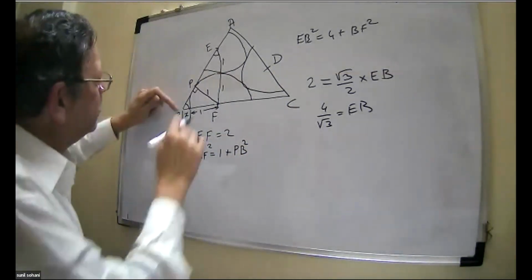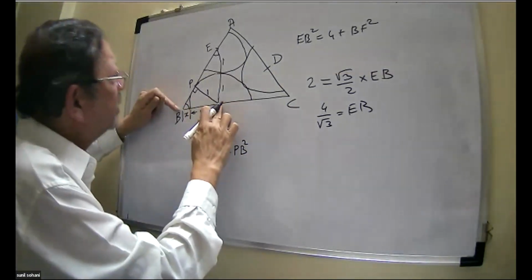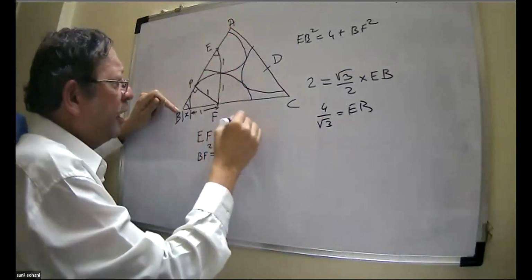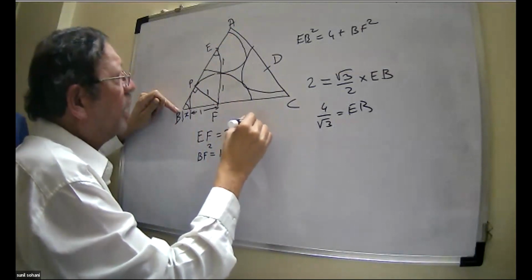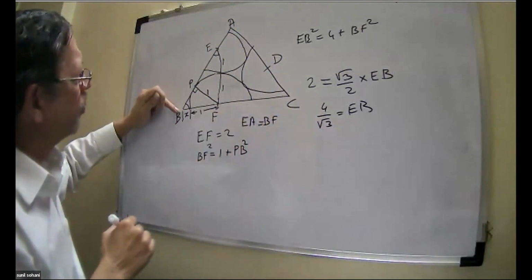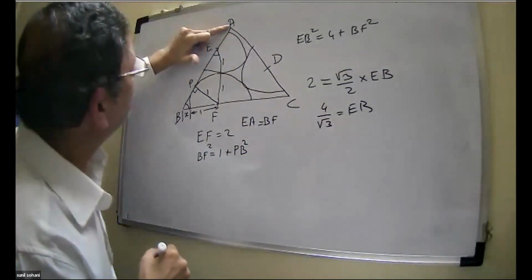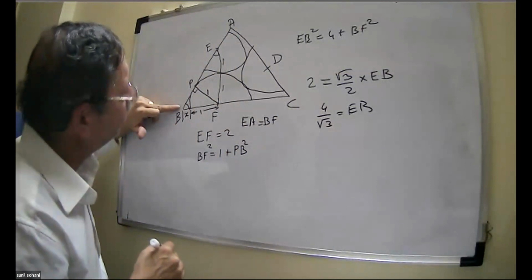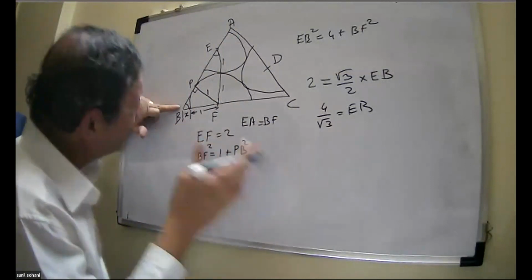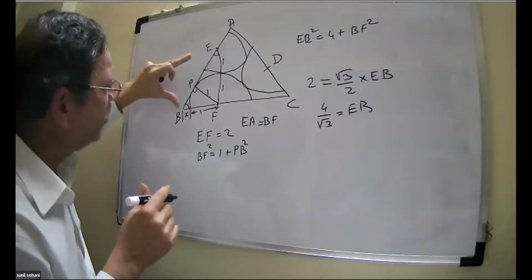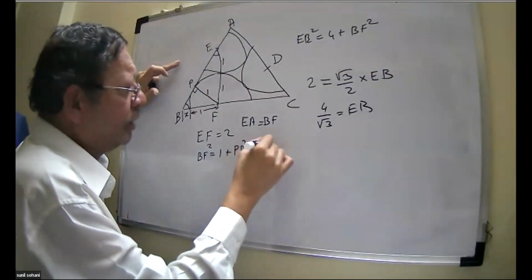And you will notice that this BF length is going to be the same as EA. So EA length is also nothing but BF length. Now why am I doing this? Because we want to know the length of the side of this triangle. I am interested in knowing AB to complete this question.